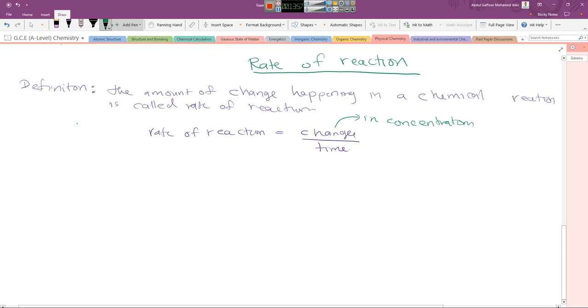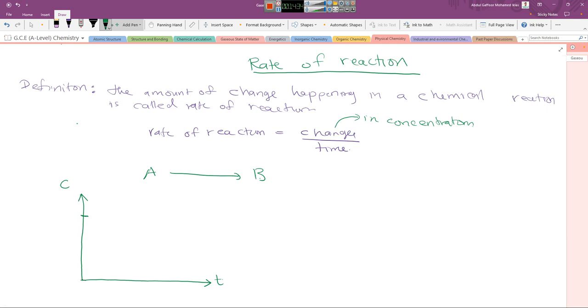Okay, right. Now if I take a hypothetical equation, A becomes B, now I am going to plot a graph for concentration over time. So initially the concentration of A is Ca, right? Let's say this is the initial concentration of A. At time equal to 0, we had no B. So the concentration of B at time 0 will be equal to 0.